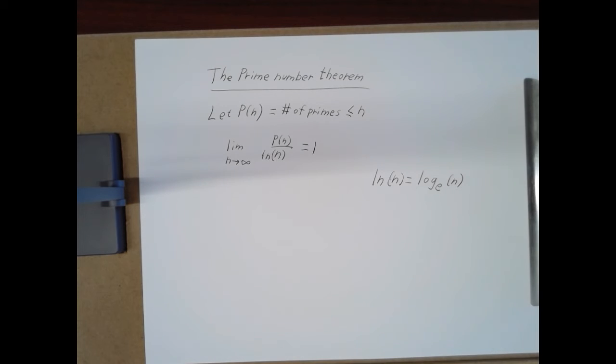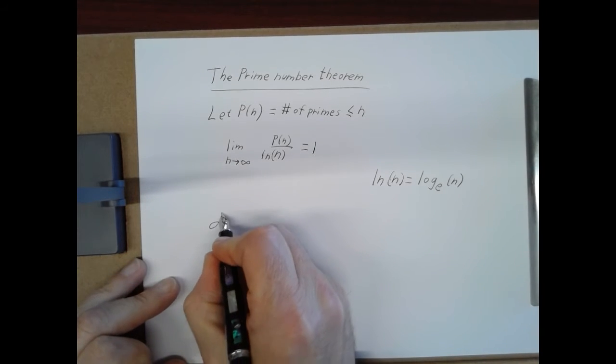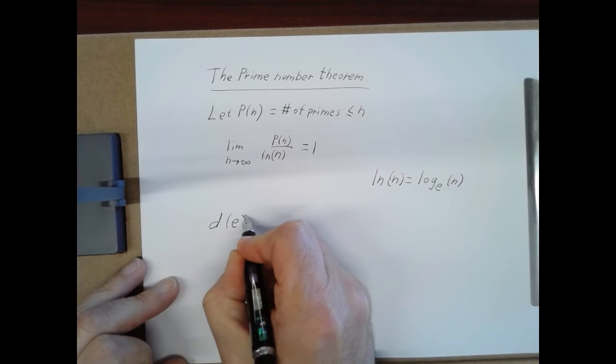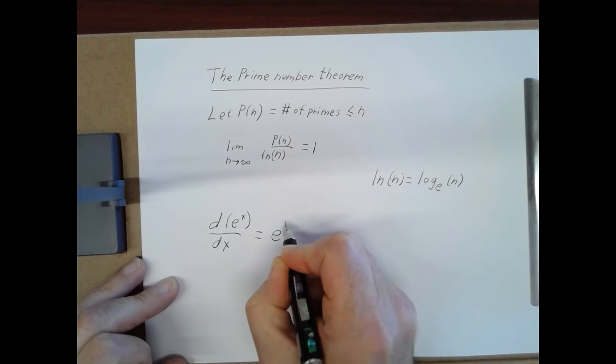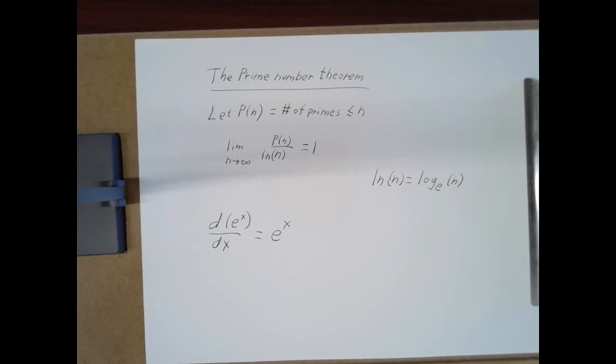So what is e? It's got that value, but what is it? It has something to do with exponential growth. It's the number where if you raise it to x, its derivative is the value. There you go. This is probably the reason why e pops up everywhere.